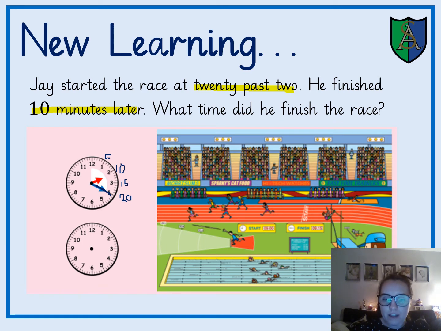Because if we look at this clock over here, we've got 5, 10 minutes, and that minute hand will be pointing downwards, won't it? Okay, so we've now got to draw that on our clock. So 2:30. Amazing.